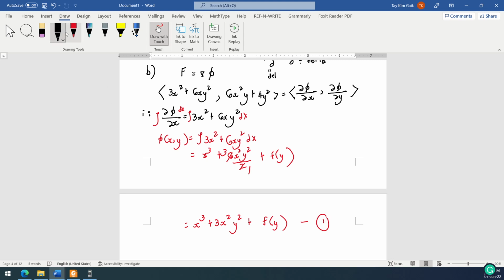From component j, you have del phi del y equal to 6x squared y plus 4y squared.